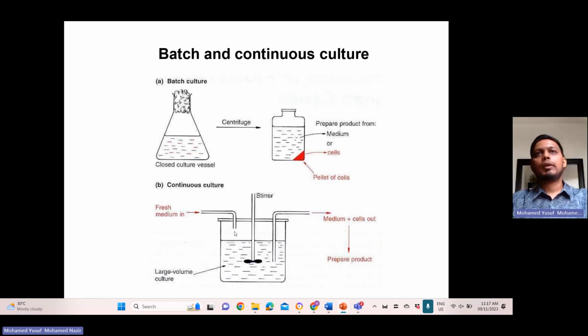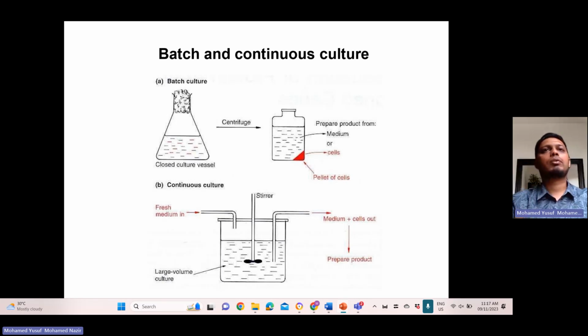Okay. So for microbial growth, if you want to grow the microbe in a lab system, there are different ways. Firstly, we can use a batch culture, and we can also use a continuous culture.